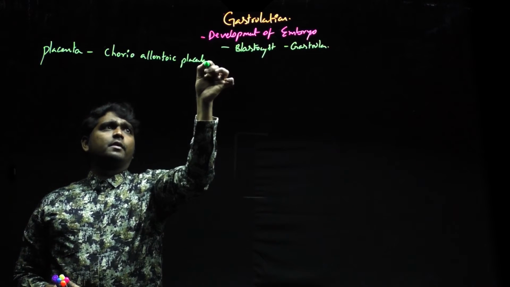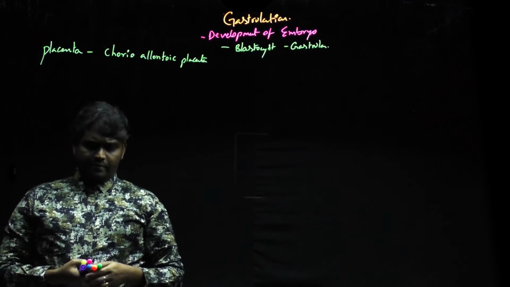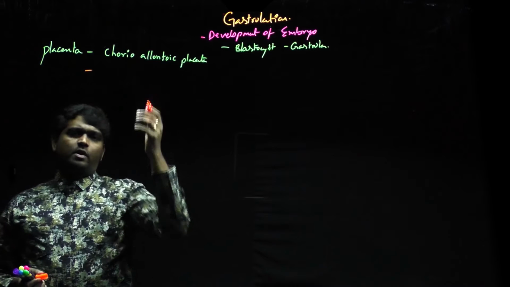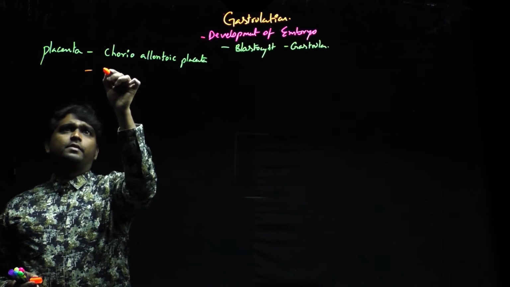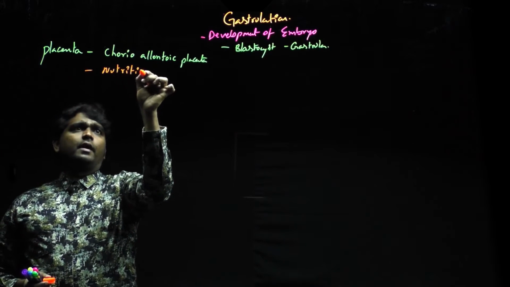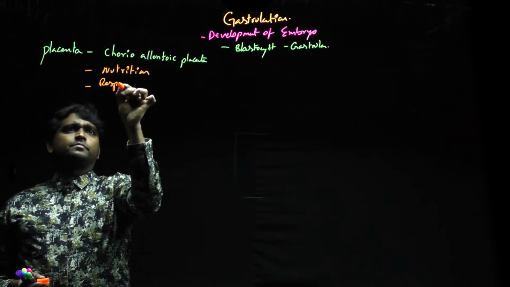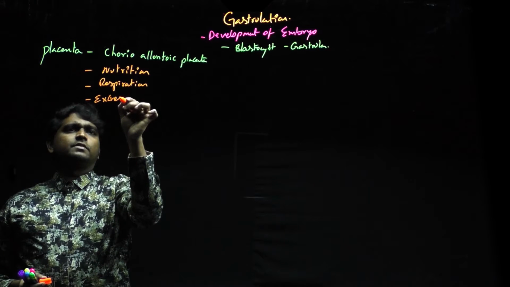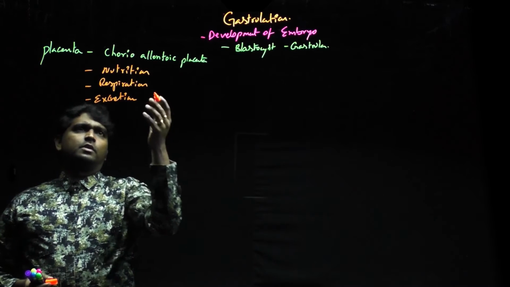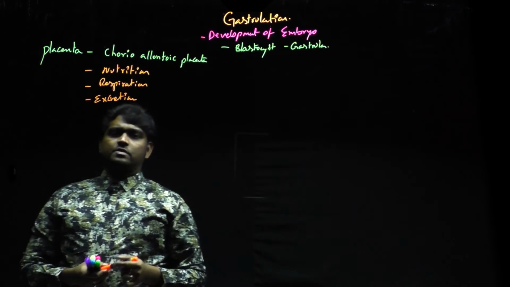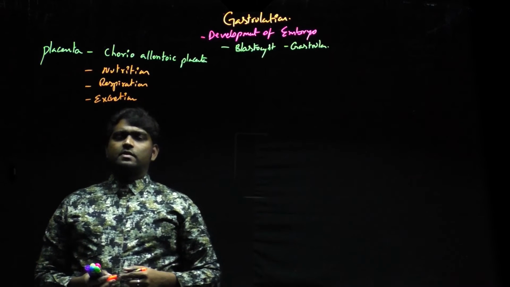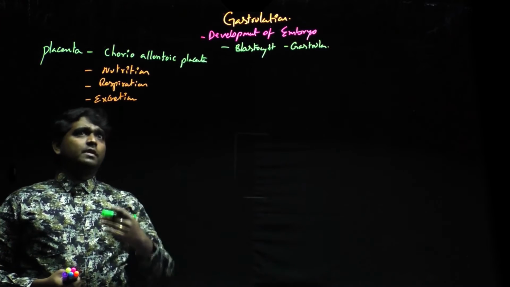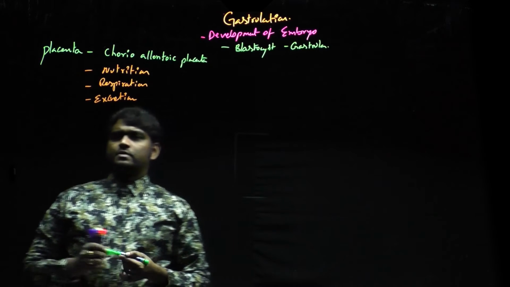It is a barrier between mother and baby, which provides hormones, nutrition, respiration and excretion, as we already discussed in the previous video. That means food, oxygen and carbon dioxide gas exchange, and excretion too. Here some development stages will be discussed.